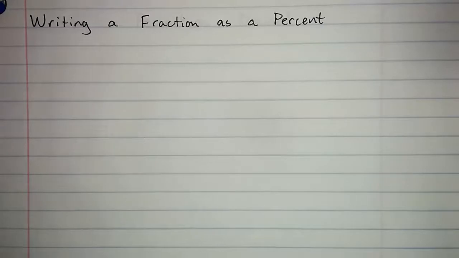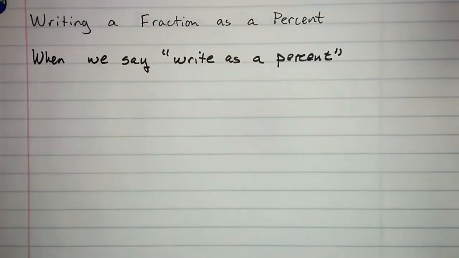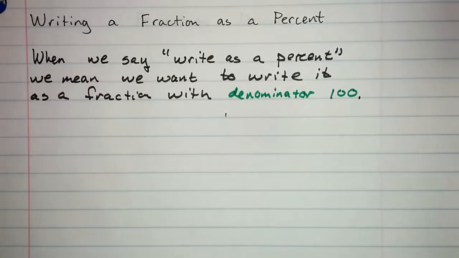Well, when we say that we want to write a number as a percent, we just mean we want to write it as a fraction with denominator 100. But we know how to write a fraction with any denominator we want by using a proportion. Right?